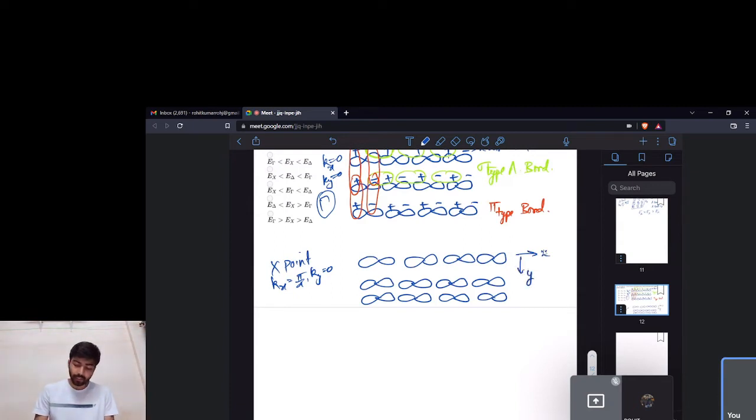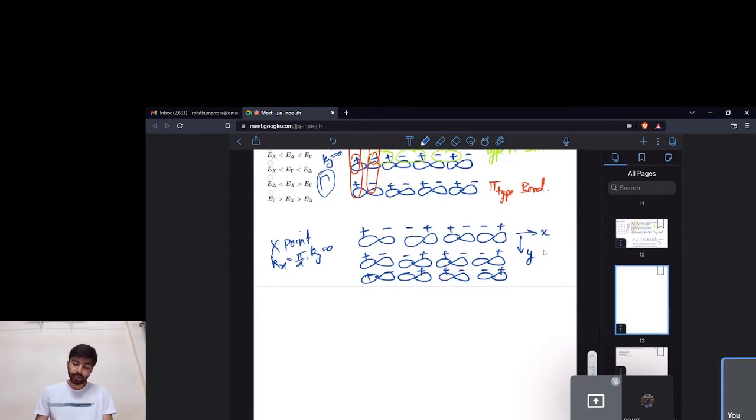So in the x direction we have a flipping: plus minus, minus plus, plus minus, minus plus. But in the y direction the wave function will preserve its sign: plus minus, minus plus, plus minus, minus plus, minus, minus plus, plus minus, minus plus.